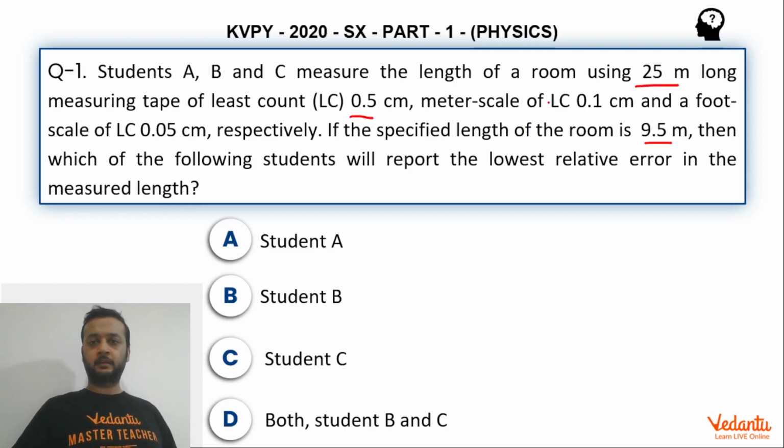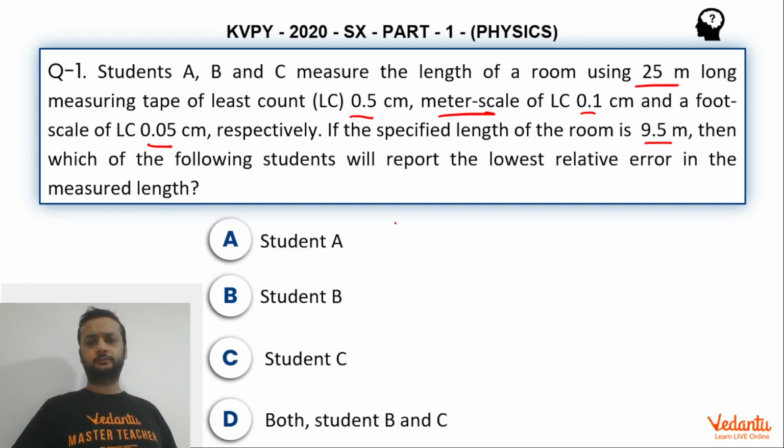The second student measures this length using a meter scale of least count 0.1 centimeter, and the third student measures this with a foot scale. That means the scale is a foot long, with a least count of 0.05 centimeters. We have to find for which student the relative error will be maximum.